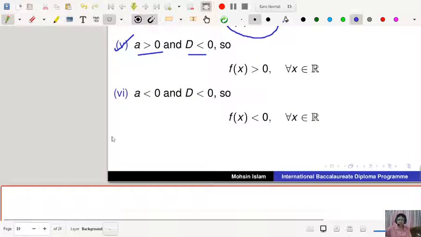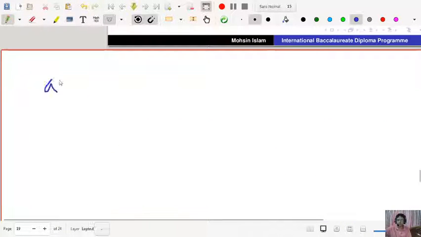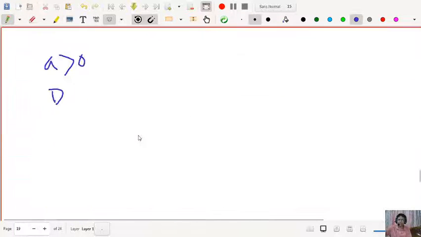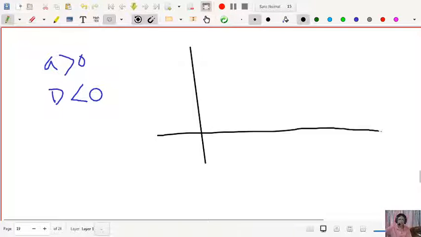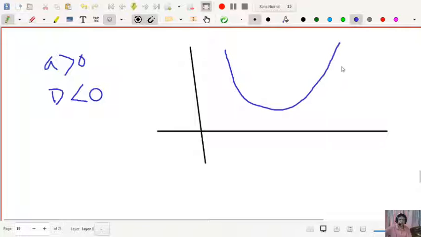The fifth one is: the leading coefficient is positive and D is negative. A is positive, so the curve will be like this. There is no intersection or touching. It cannot intersect. It cannot touch. The roots are imaginary in this case.